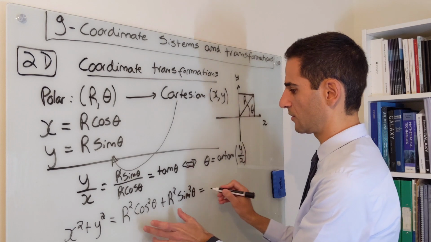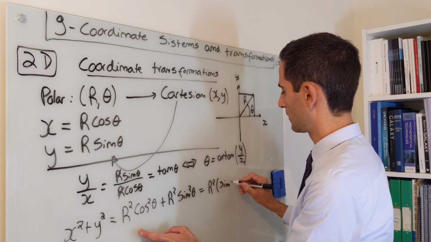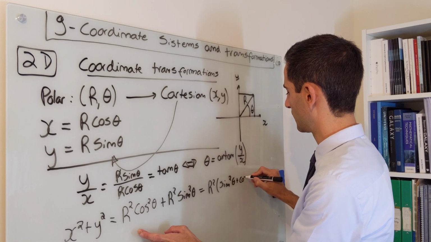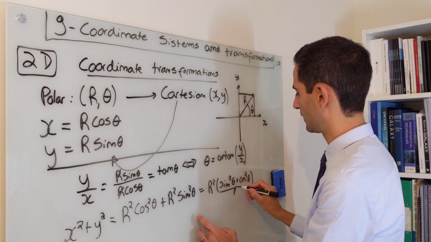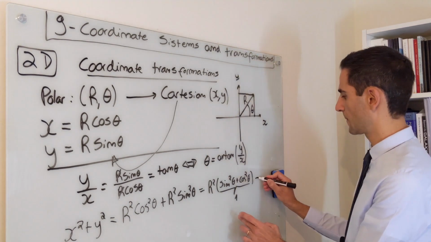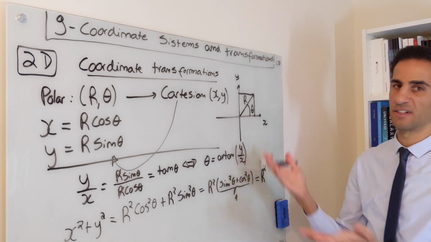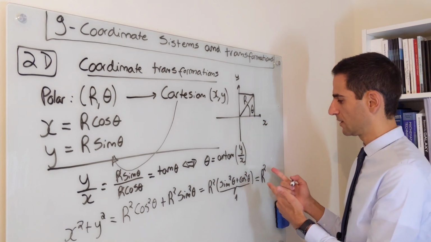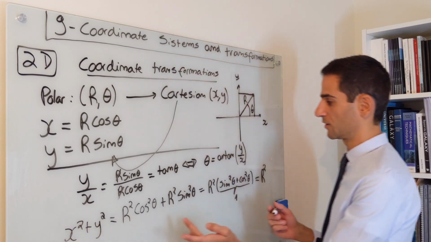We can also write this as r squared times sine squared theta plus cos squared theta. The order doesn't matter. The thing that matters is that this is 1, and therefore we know, just from geometrical arguments as well, that r squared is equal to x squared plus y squared.